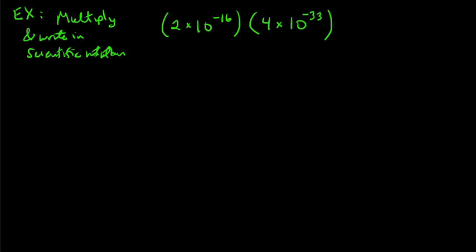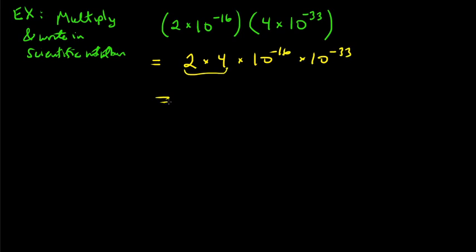Okay, multiply and write in scientific notation. 2 times 10 to the negative 16 times 4 times 10 to the negative 33. Got it? Yeah, this one should be kind of an easy one, right? This is just 2 times 4 times 10 to the negative 16 times 10 to the negative 33.